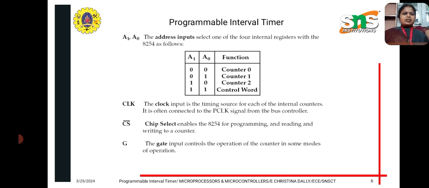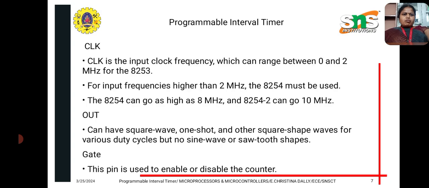The chip select pin enables the 8254 for programming and for reading and writing to a counter. We also have the gate, G, which controls the operation of the counter in some modes of operation.